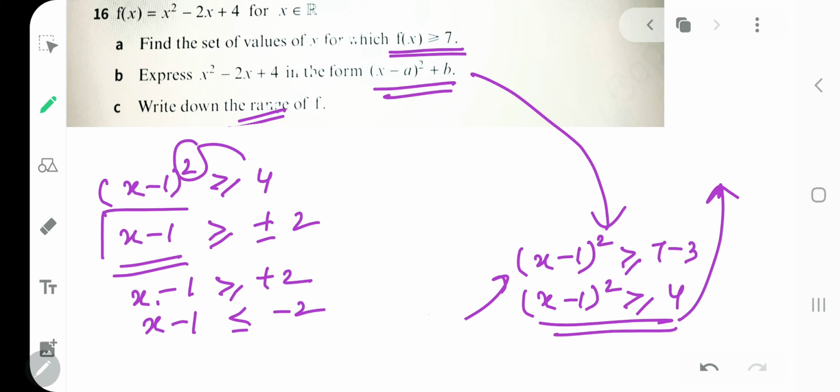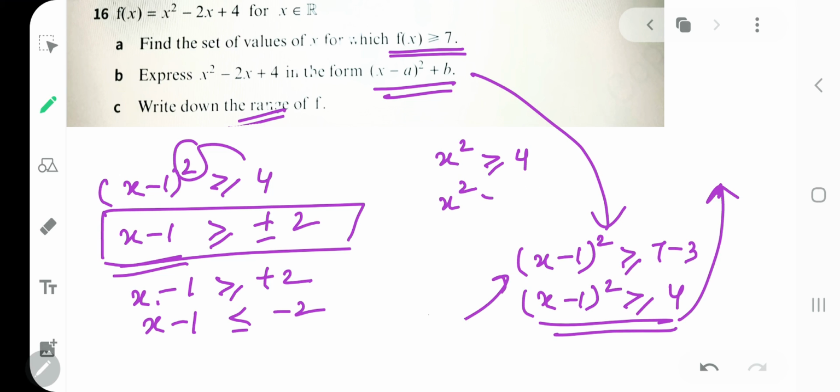Why? I'll tell you now. Suppose I have x square greater than or equal to 4. What will you write? Taking the root, x will be plus minus 2. Now note that if I square +2, or anything greater than it, I get a value which is greater than or equal to 4.